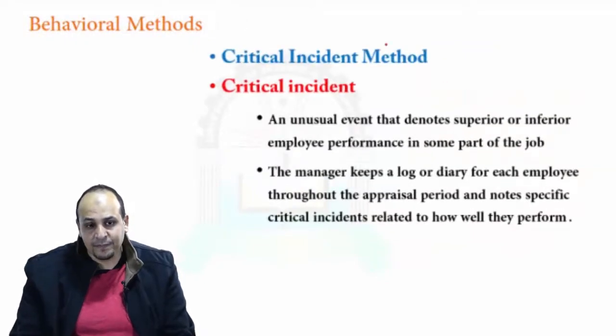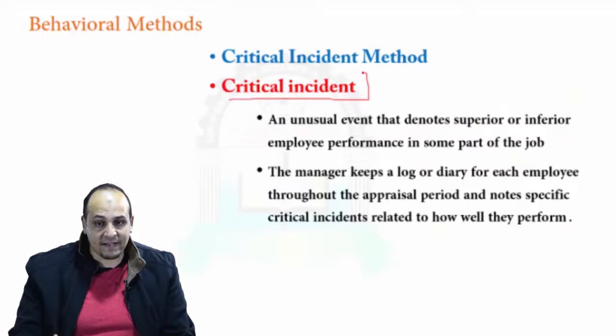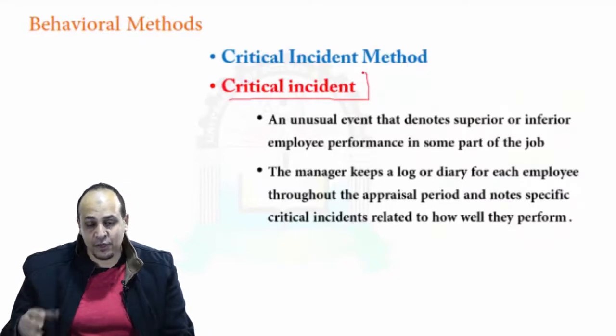Now the first one, the critical incident method. Now we refer to this one, critical incident, as a set of events that have been determined by top management regarding the required kind of job.